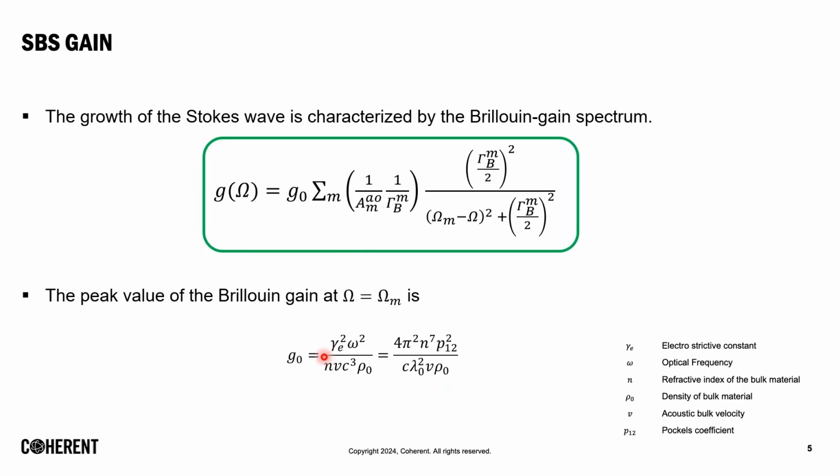The relative strength of each peak is a function of the mode property and is determined by this coefficient here. So this is a property of the material and this is a property of the mode. I would like to mention here, all these expressions can be inserted into COMSOL as an equation. There is a box in the expression where we can insert these equations. So we did that in our model.